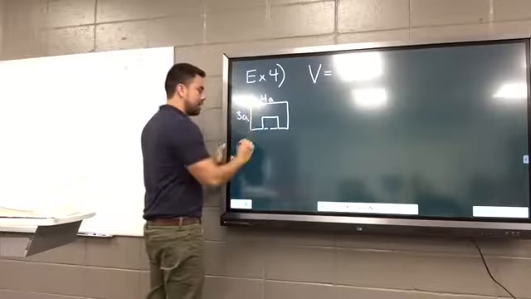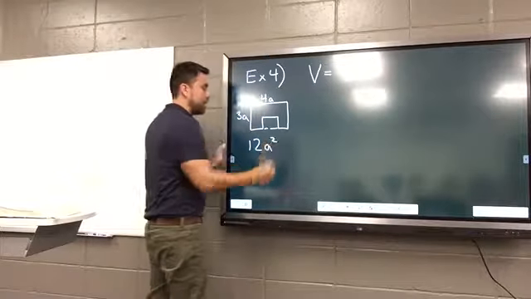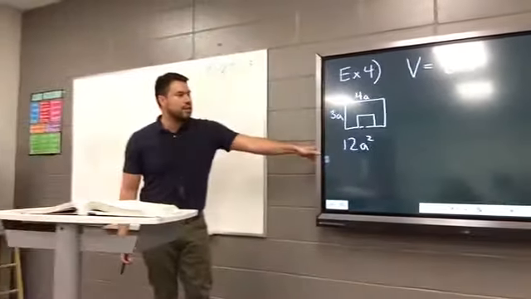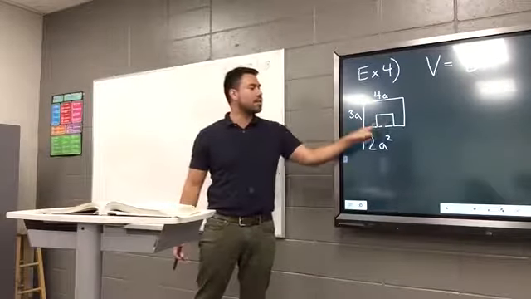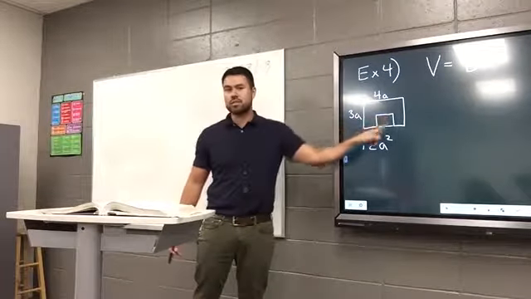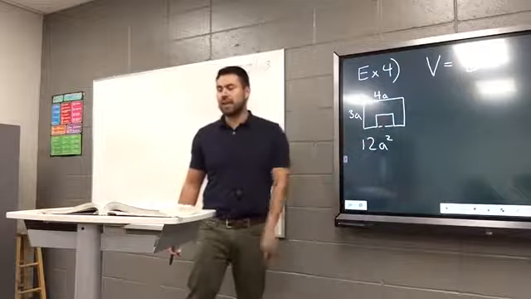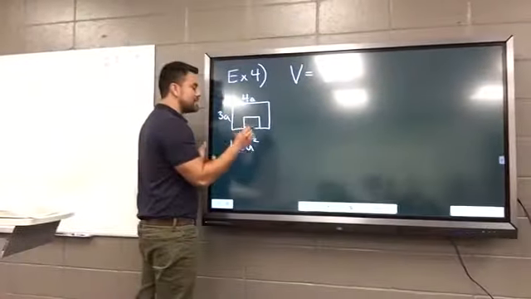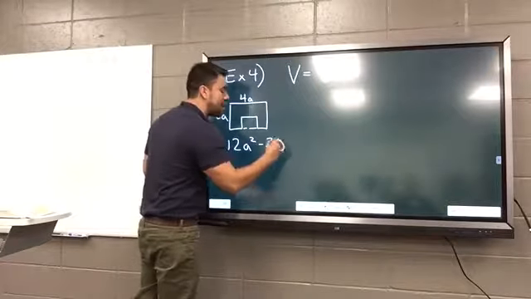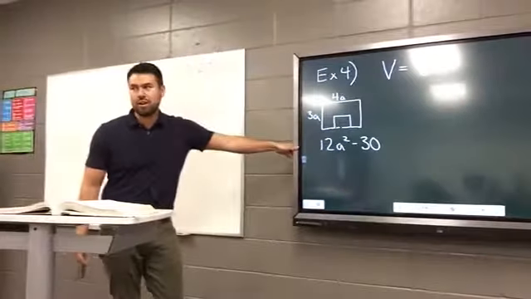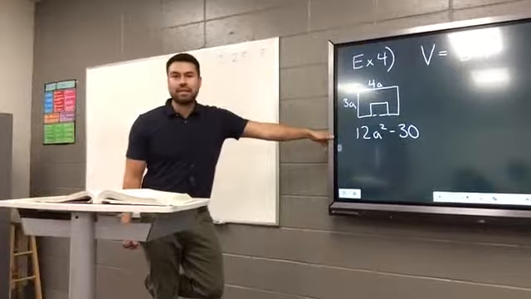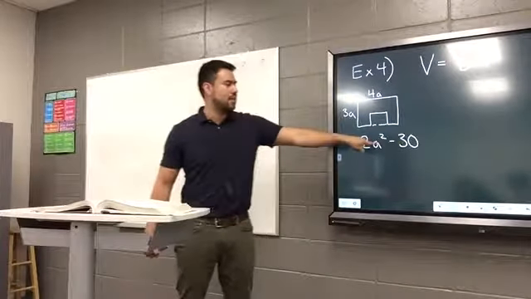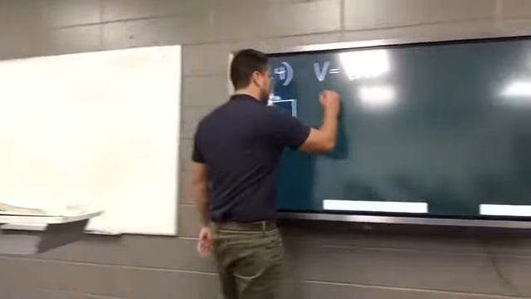But I have to take away this rectangle here. What's the area of that? 5 times 6 is 30. So you would subtract 30 from that figure. Do you know the area of the base? Yes. It's 12a squared minus 30.